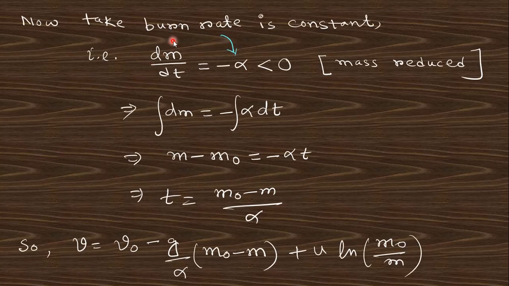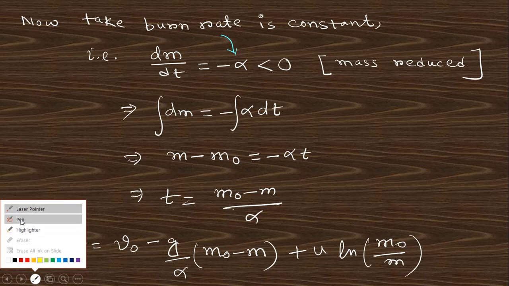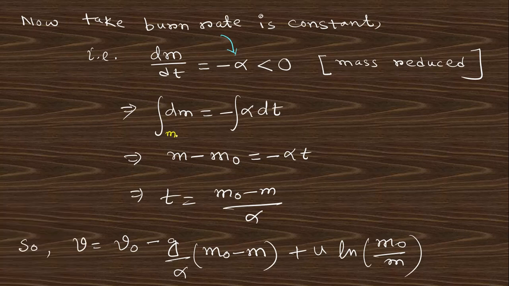And if we take the burn rate, that is the fuel burn rate, to be constant, that is dm dt will be constant, and if we integrate with the limits m0 to m, 0 to t, you will get m minus m0 equals minus alpha t, from where you will get the expression for time t.